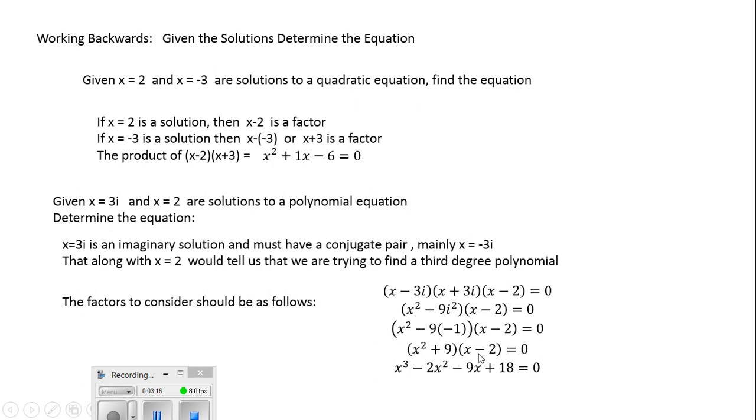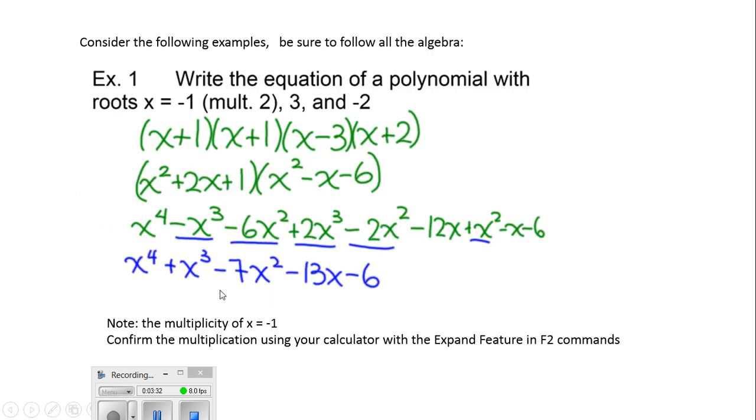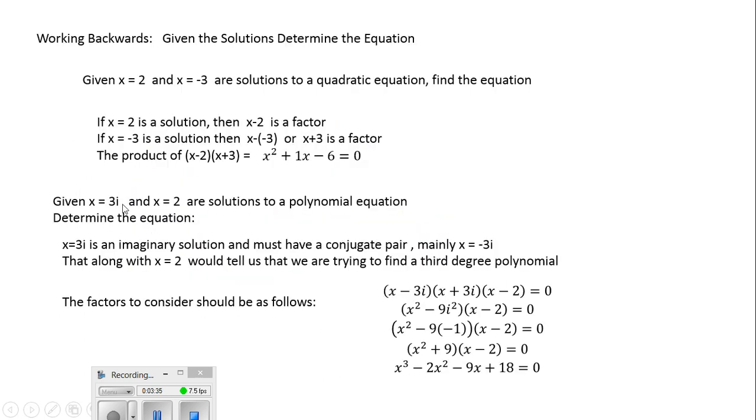Along with this, the product gives us a cubic polynomial, x cubed minus 2x squared plus 9x minus 18 equaling 0. That is the equation whose solutions are 2, 3i, and -3i. You should check that. You should be able to factor that backwards and see that you get that.